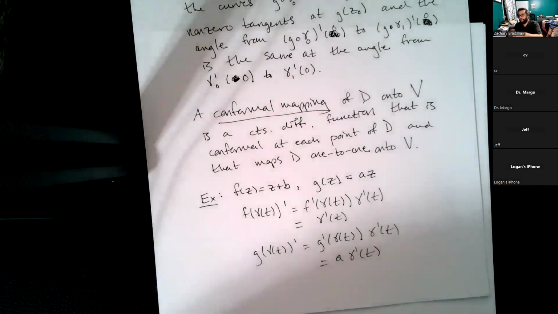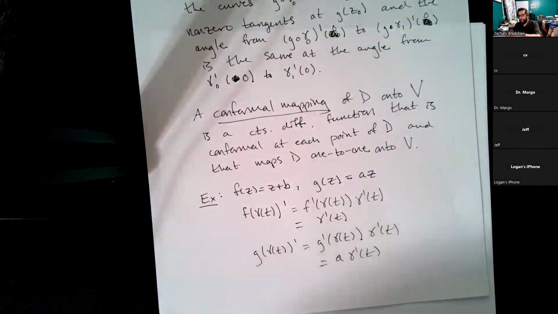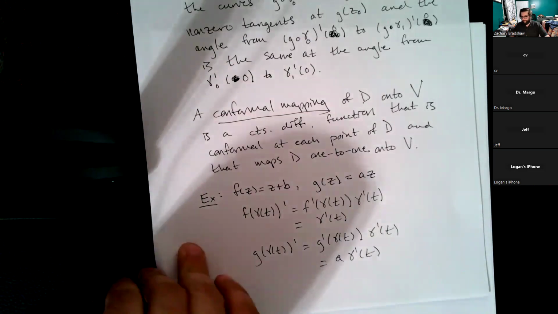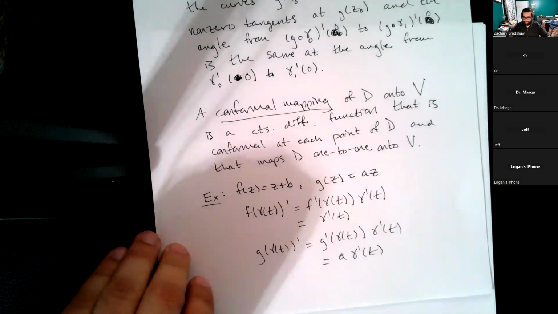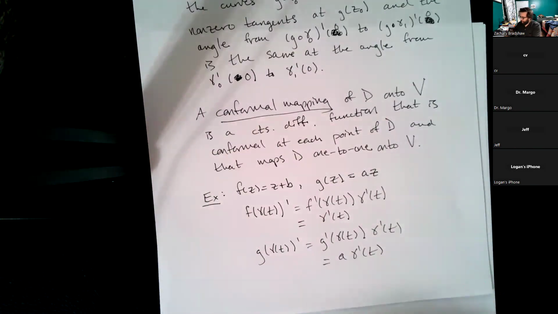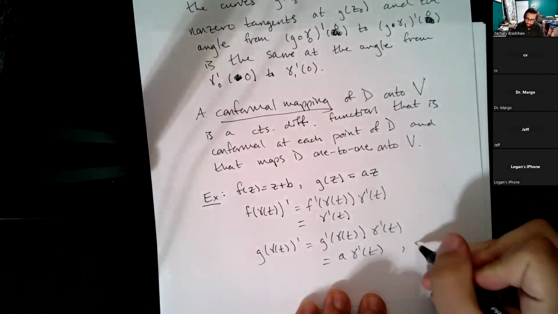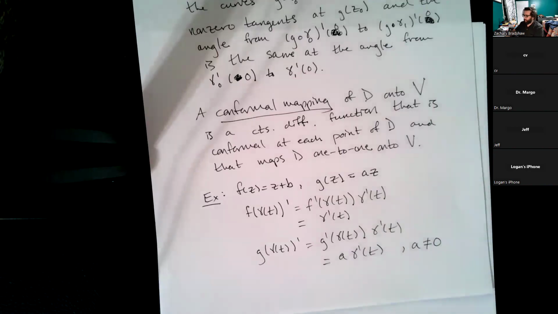What's going to happen to the tangent vectors? They both get scaled by the same amount, a, right? But this doesn't change the angle between them. Well, I should stipulate we do need a to not be 0 here.